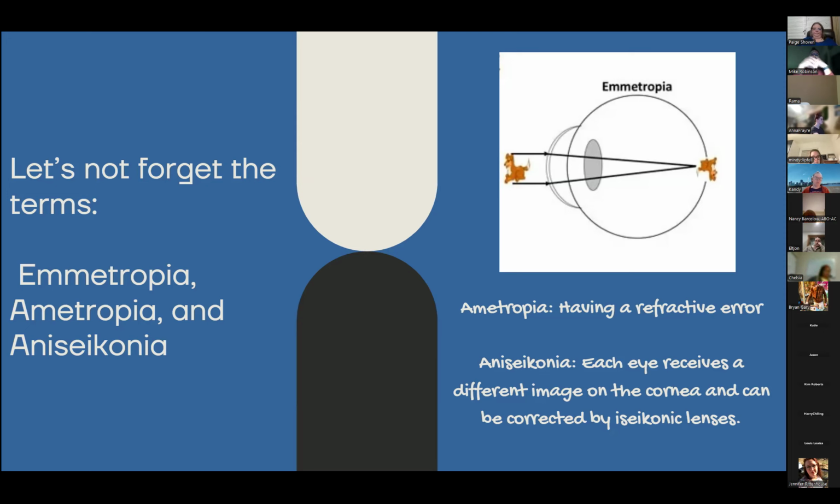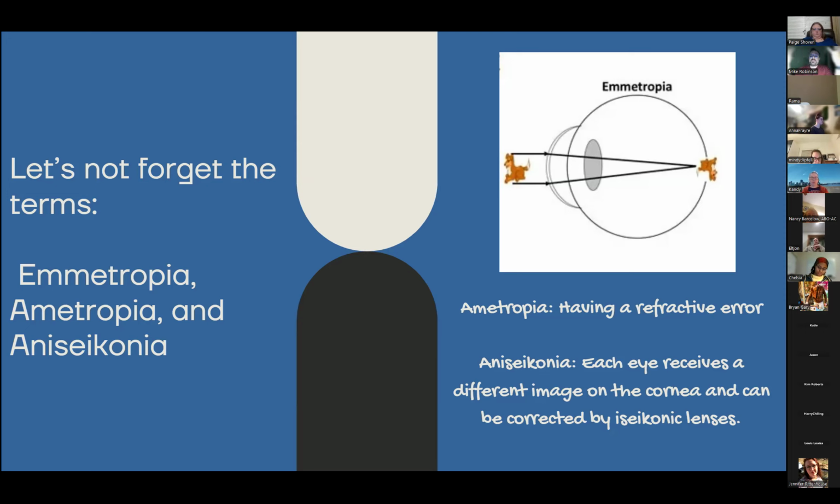Yeah. So it's a difference of 1.50 in the power. Let's say you have minus 0.75 in one eye and minus 2.25 in the other eye. That's anisometropia. You have plus 1 in one eye, minus 1 in the other. That's antimetropia.